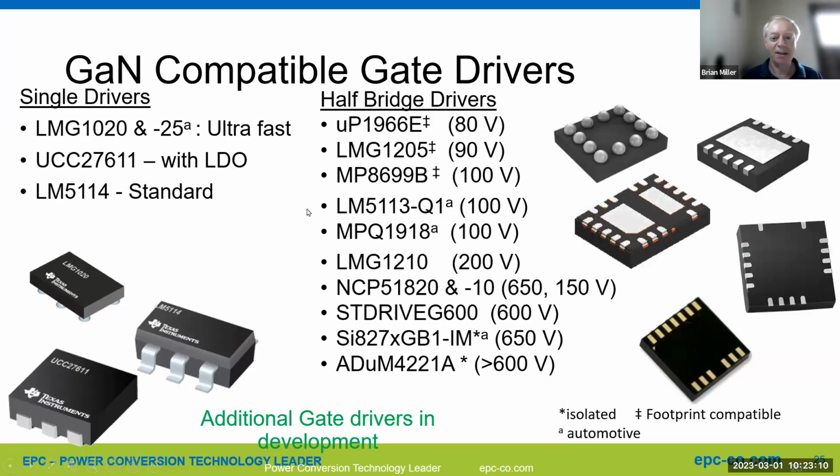And they can take the high dV/dt switching that happens in circuits using GaN FETs. So there's single drivers for 1 transistor and half-bridge drivers for a top and bottom FET. The first 3 share a common footprint. Next 2 are automotive. There's other ones that could go up to 600, 650 volts. And there's some isolated ones also.